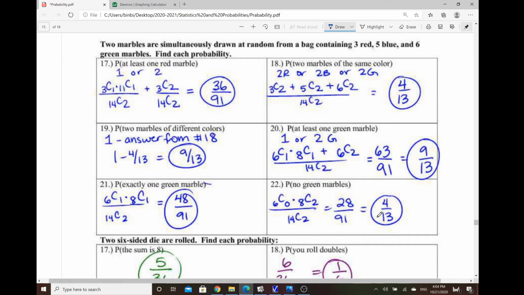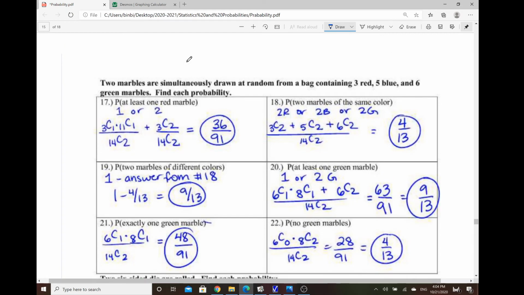So 2 marbles are simultaneously drawn at random from the bag containing 3 red marbles, 5 blue, 6 green. Again, if anything is considered more than 1, it's always considered conditional probability. What's the probability of at least 1 red marble? We got 3 red marbles, so one of those has to be red, at least 1. So 3 choose 1 times 11 choose 1, because for the other marble selection, since we pick 1 red, the rest are other colors, so 11 marbles remain. 11 choose 1, all over 14 choose 2.